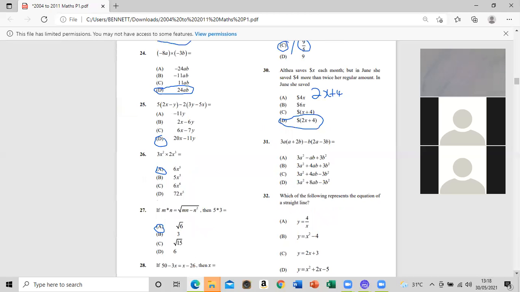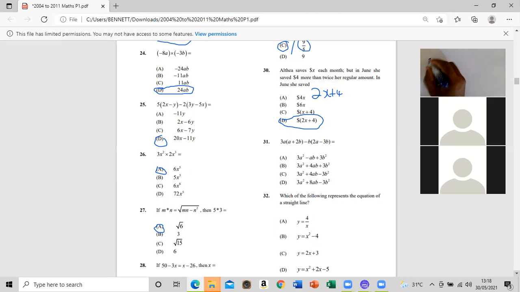All right, so 3a times a plus 2b minus b times 2a minus 3b. Somebody work out the algebra for me now. Tell you what, let's run through it fast, guys.